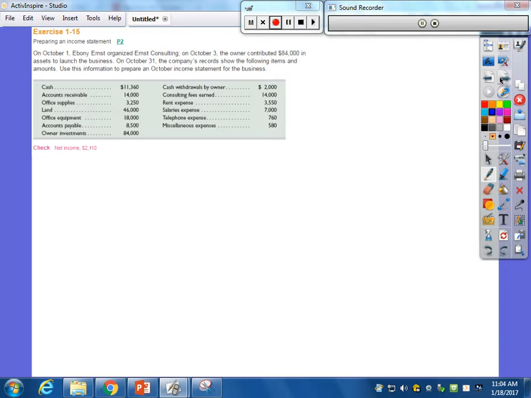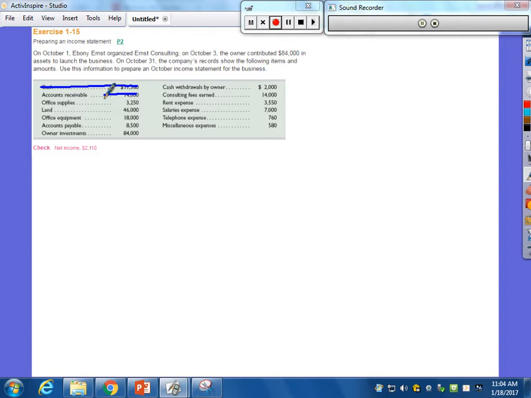So what goes on the income statement? Revenues and expenses. So some of these we care nothing about, right? We don't care about cash. We don't care about accounts receivable because that's an asset, right? We don't care about office supplies. What else don't we care about? Land.